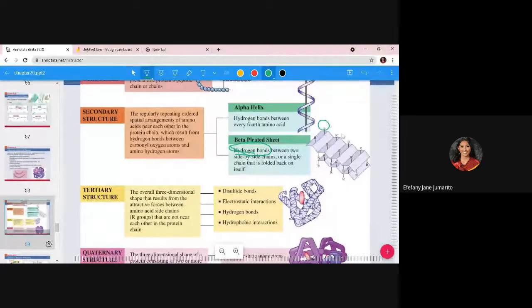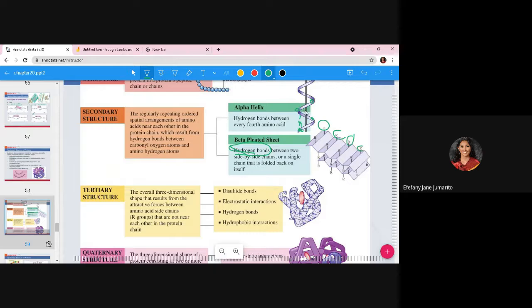Again, the R group in your helix faces outside, in the exterior of your helix, nasa gawas. Your OH bonding kay nasa sulod. Now, later, when we go to nucleic acids, we will really understand this one.